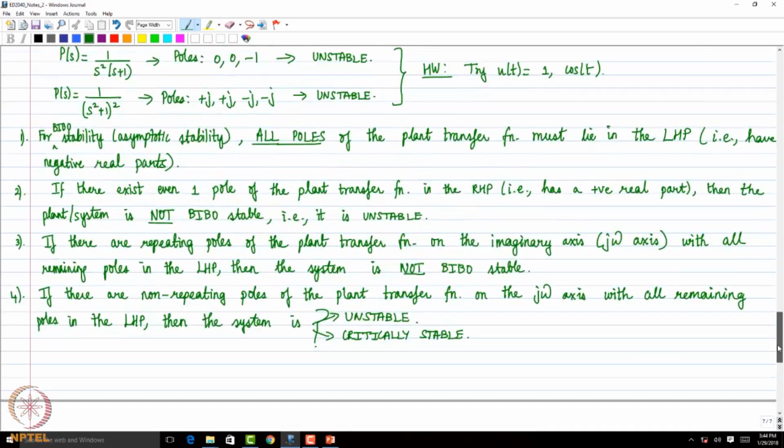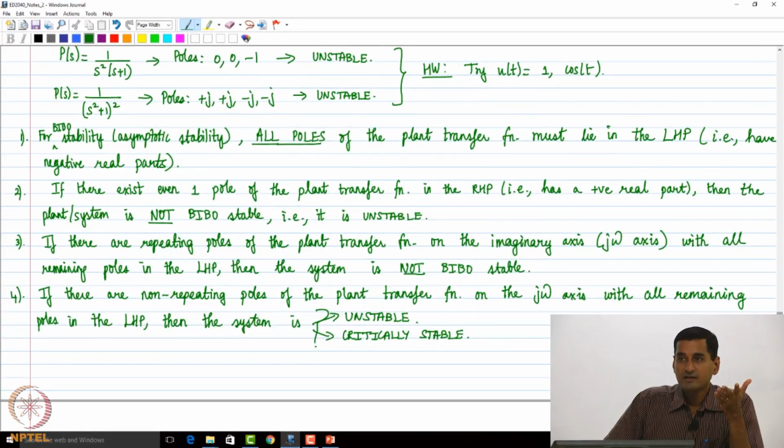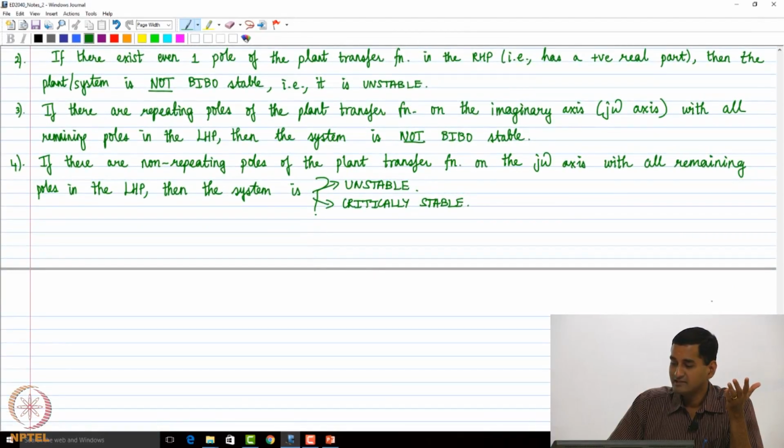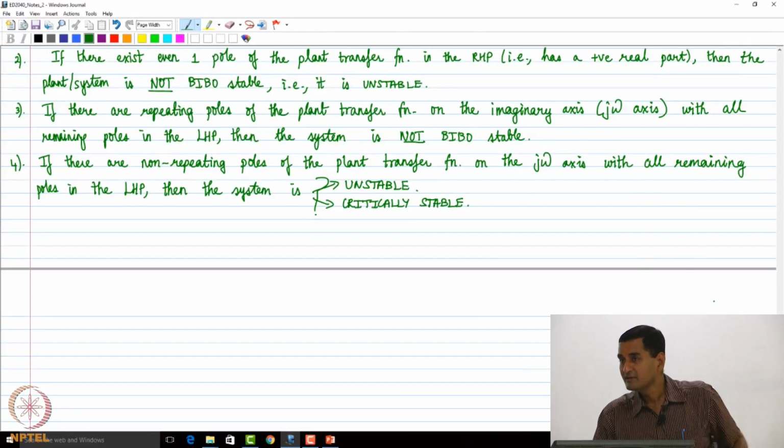Those are equivalent terms. These are two perspectives of how to interpret system stability when you have non-repeating poles on the imaginary axis, including the origin. The origin is also on the imaginary axis.